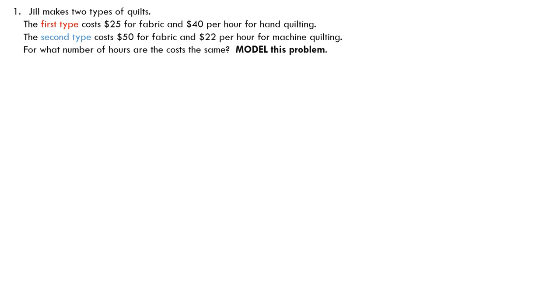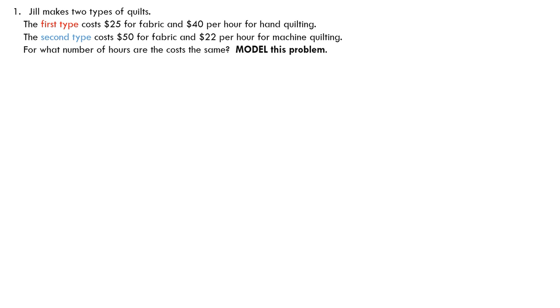Jill makes two types of quilts. The first type costs $25 for fabric and $40 per hour for hand quilting. The second type costs $50 for fabric and $22 per hour for machine quilting. Now we're asked, for what number of hours would the quilting job cost the same?